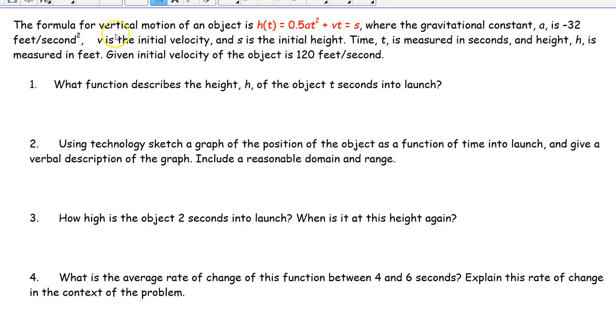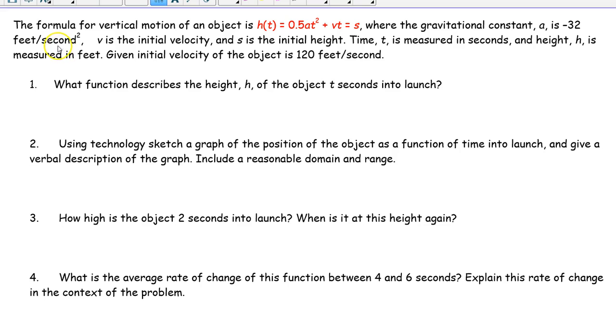The given scenario is like this. The formula for vertical motion of an object is h of t is equal to 0.5 times a t square plus v times t plus s, where the gravitational constant a is equal to negative 32 feet per second square.